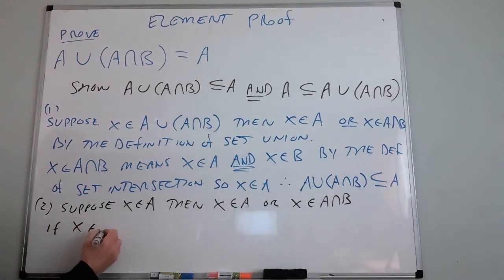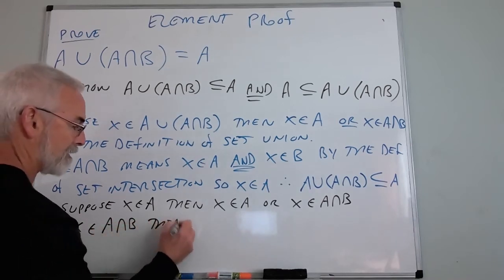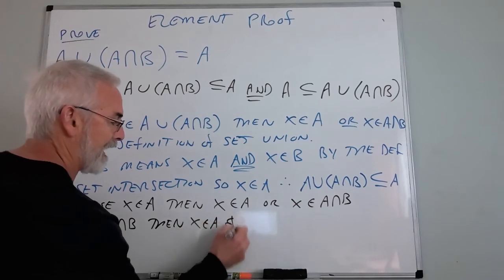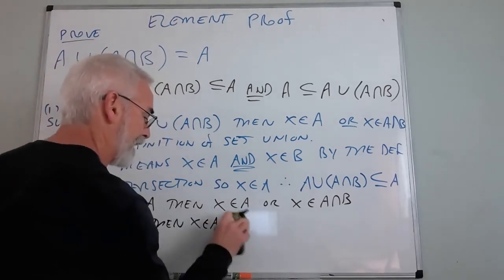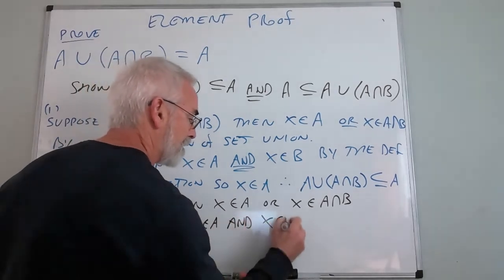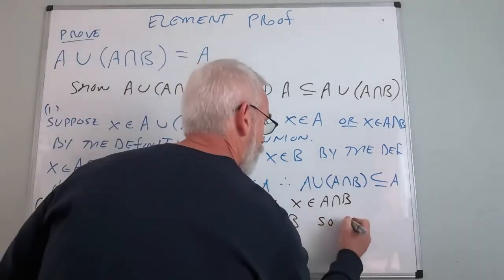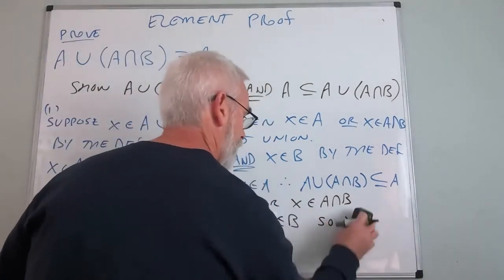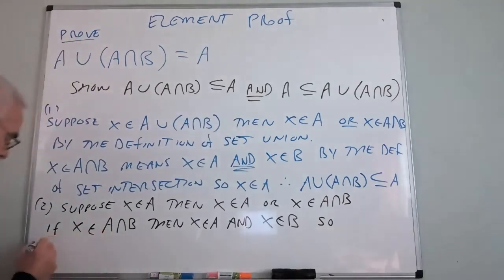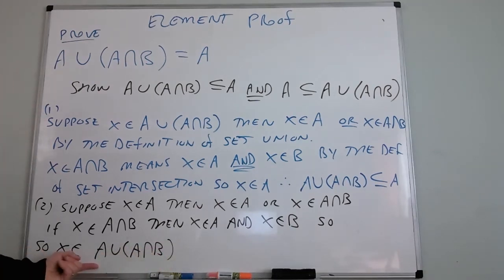If X is in A intersect B, then X is in A and X is in B. So X is in A union A intersect B, and thus we have done the right side.